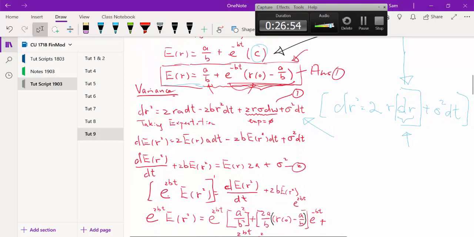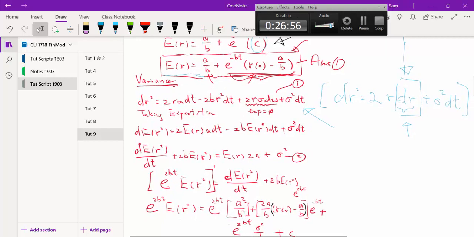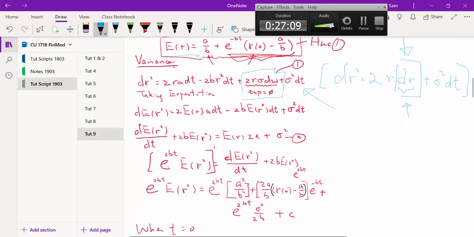And then if you take expectation of both sides, this one will conveniently disappear because the sigma term is supposed to be, the expectation of that is 0. So you're left with this term, and this one, and this one.